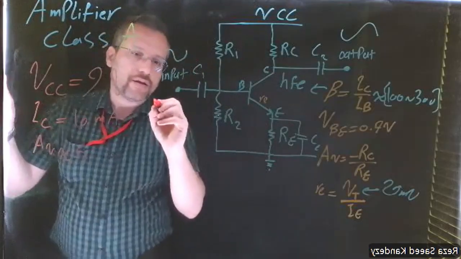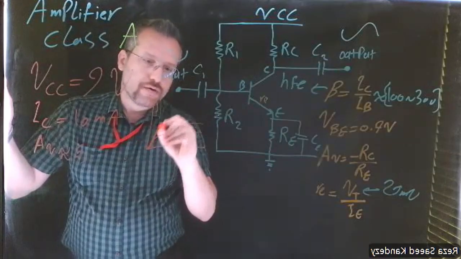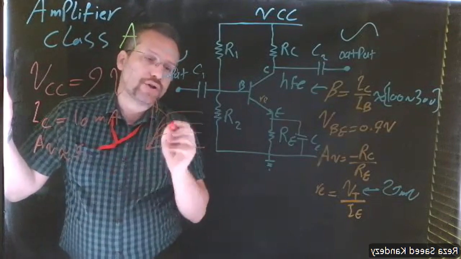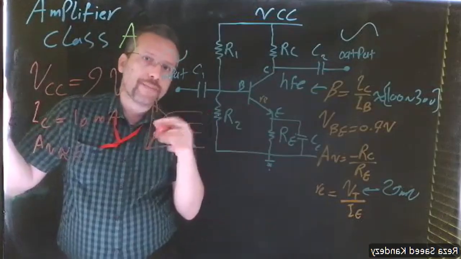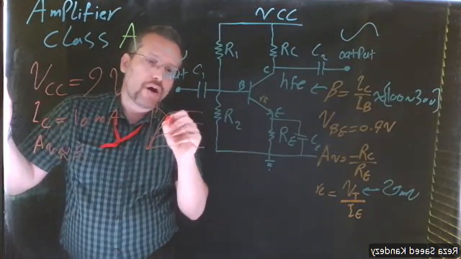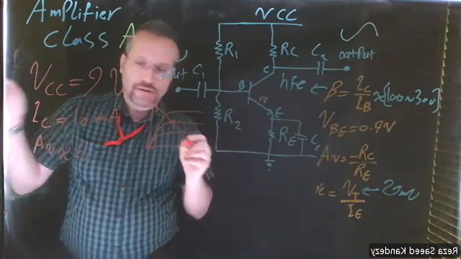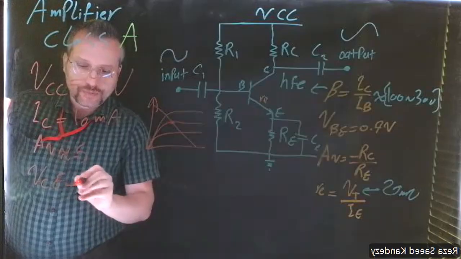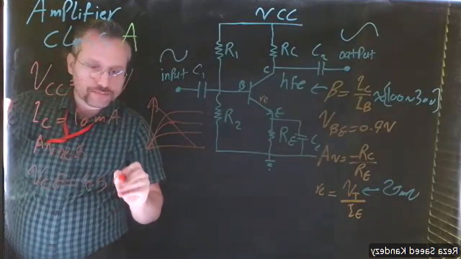You remember the characteristic curve that we have for the BJT, where we talked about the load function and the Q point. In order to have a quiet, stable system with some wiggle room, we want to put the Q point at the middle of our characteristics. That means we want the voltage between collector and emitter equal to half of VCC, which is 4.5 volt.